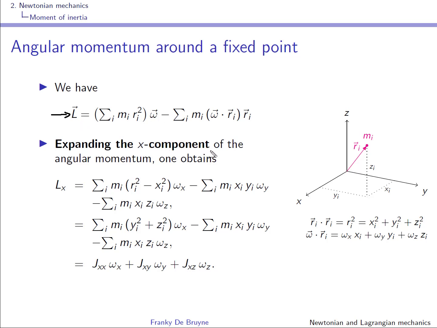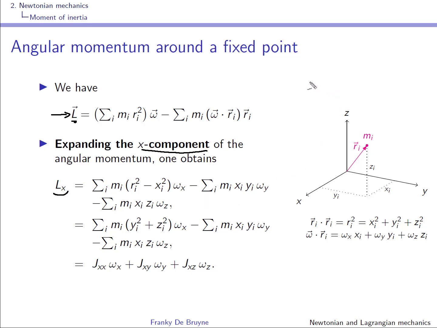And now we are going to write just the x component of this total angular momentum. Don't forget, this is a vector, and the x component we will just call L_x.